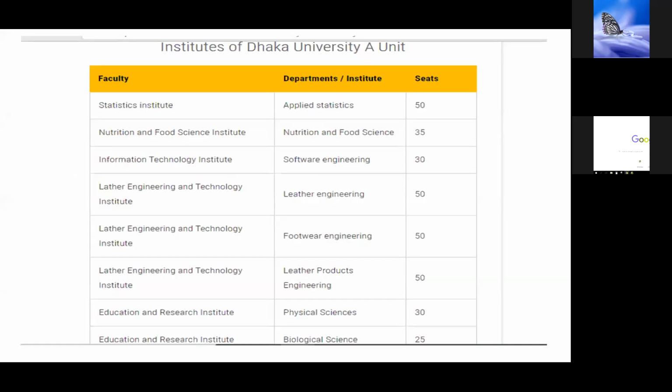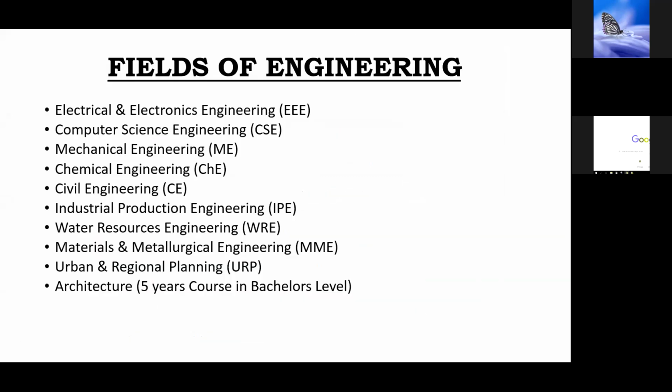So then comes the fields of engineering. As I already said, there are BUET, CUET, several engineering universities, right? So in these engineering universities, which topics are being taught? Electrical and electronic engineering, in short called triple E. Then computer science engineering, CSE, mechanical engineering, chemical engineering, and civil engineering.